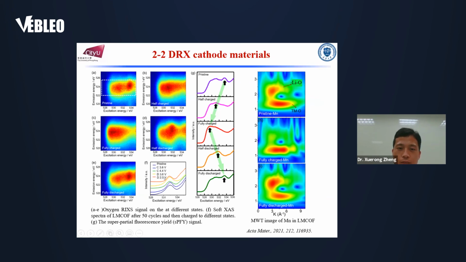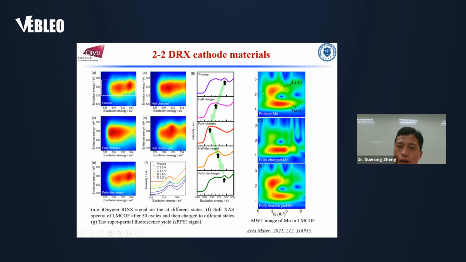And after 50 cycles, we charged and discharged at different states, and from the soft XAS, we find that the oxygen redox cannot be triggered, which means that there is no oxygen redox occurring in the battery performance of these materials.